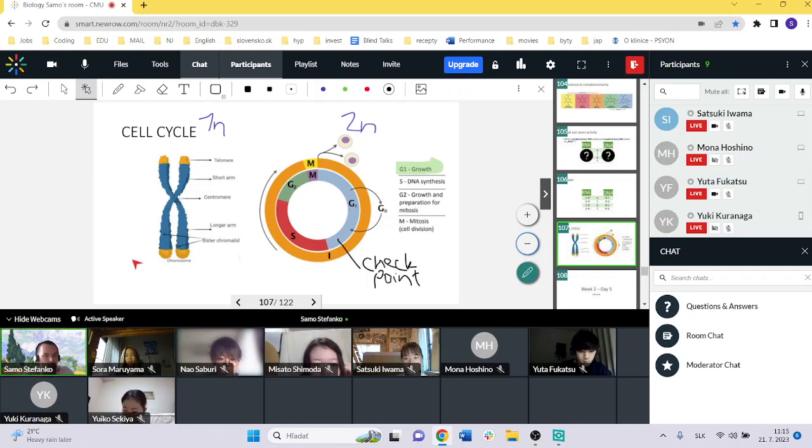However, most of the time for a cell, chromosomes don't look like this. This is the appearance during metaphase of mitosis. There are four phases of mitosis, and we will get there today.